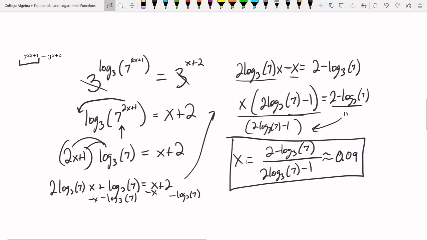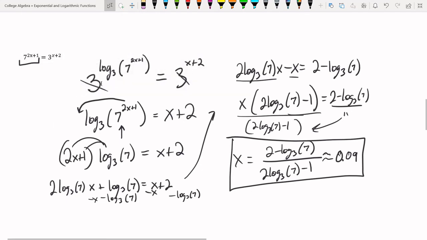It's just going to look different with the log base 7 rather than log base 3. But I chose this strategy here because both 7 and 3 are prime numbers, and they cannot be written in the other form. Like 7 isn't 3 to some power. It's just 7. So that's the reason why I chose this strategy.